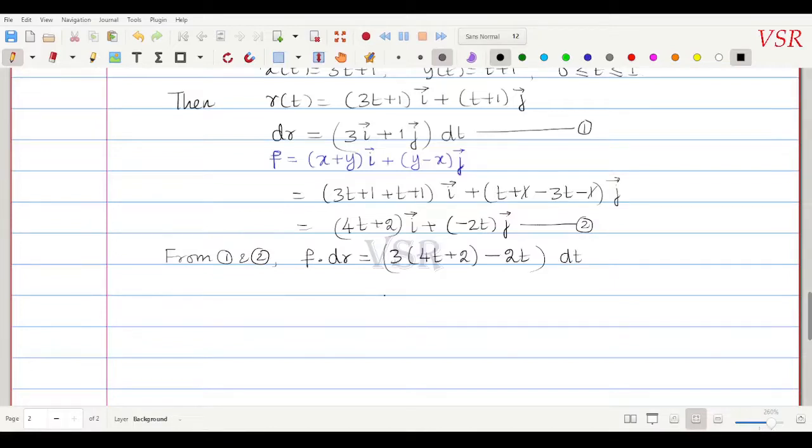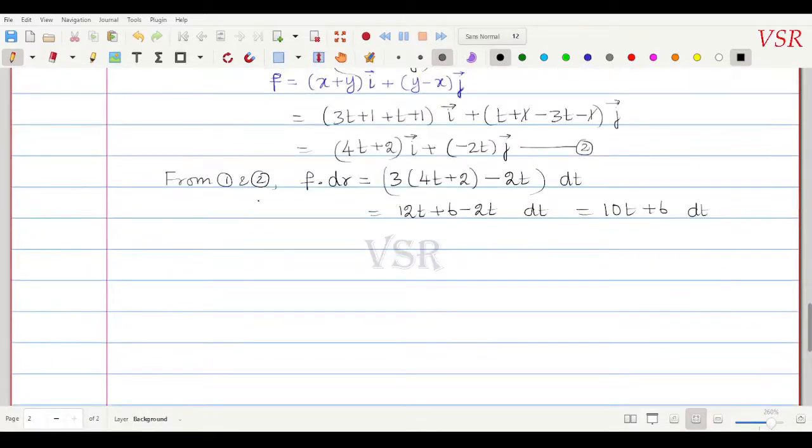Okay, so this is equal to முன்னாங்க 12. அப்போ 12t plus 6 minus 2t. Okay, so that is equal to 10t plus 6. அவ்வளவுதான், ரொம்ப simple. 10t plus 6 அப்போ of course into dt we are having.